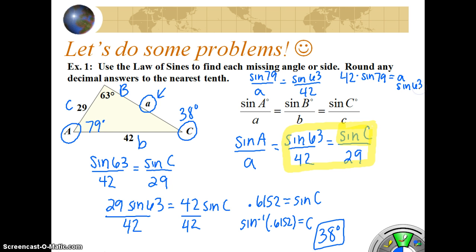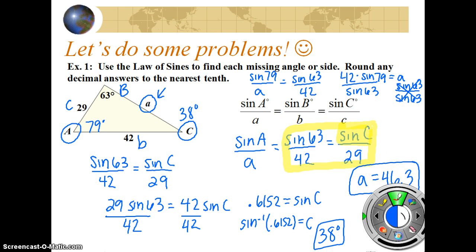Then I want to get A by itself, so we're going to divide by the sine of 63 on both sides. So that crosses out. And you're going to press in your calculator 42 times the sine of 79 equals, divided by the sine of 63. And we get that A is equal to 46.3. It was 46.27 and so on, and then you need to round it.